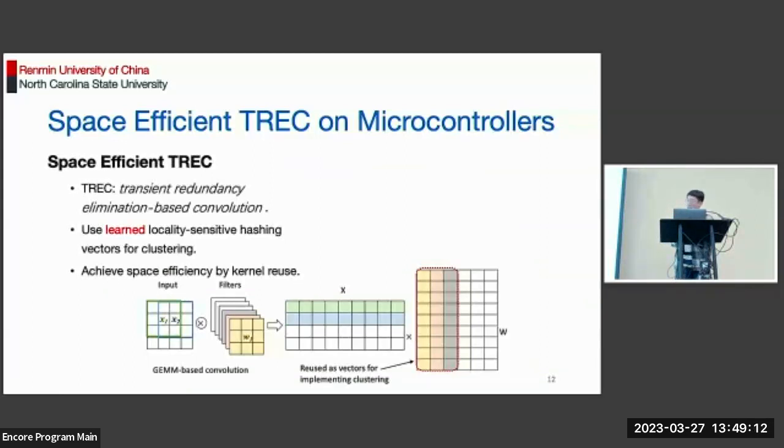The key idea is to implement hashing in a space-efficient way by reusing parts of a matrix that is already part of the DNN computation as the collection of vectors required to implement clustering. In a sense, vectors making up this matrix serve double duty as hashing vectors and matrix elements at the same time. This technique avoids huge memory overheads in practice and achieves high speedups on real DNN computations.